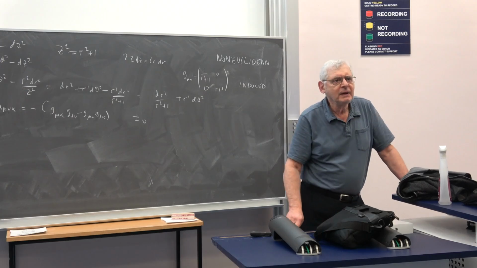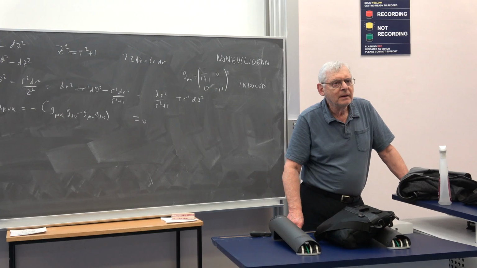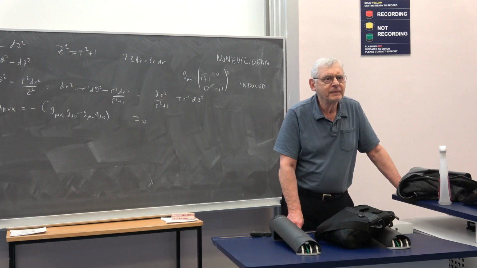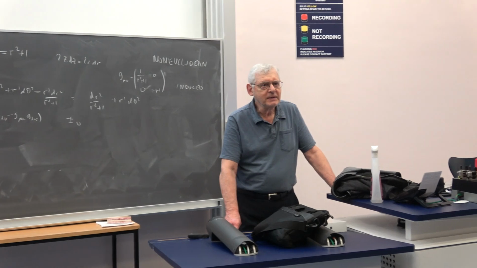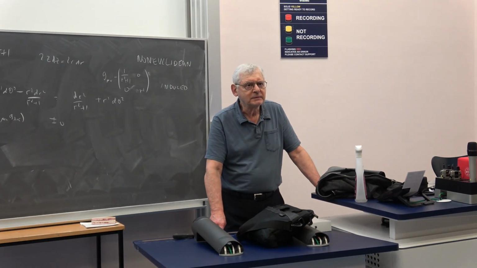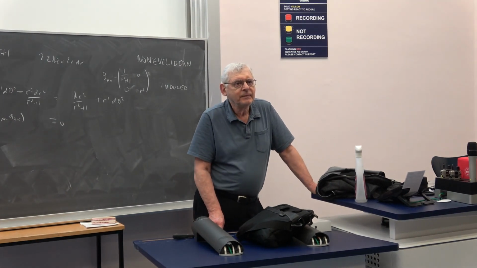Yes? So the signature of plus, plus, and then minus 1, physically, what does that tell us? So I interpret ds squared equals dx squared plus dy squared. These are just coordinates that I'm looking at. Yes. They're orthogonal to each other. Yes. How is that different from, what is the minus sign?